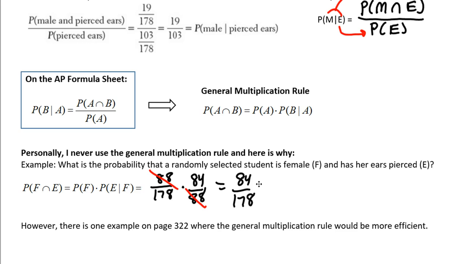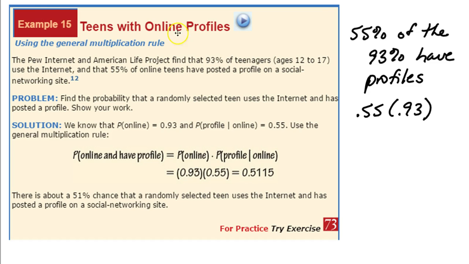Now there are a very few situations where this formula might come in handy, and that's when you're given less information and all you know are these two pieces of information. There's an example on page 322 where that happens. The Pew Internet and American Life Project found that 93% of teenagers ages 12 to 17 use the Internet, and 55% of online teens have posted a profile on a social networking site. Find the probability that a randomly selected teen uses the Internet and has posted a profile.